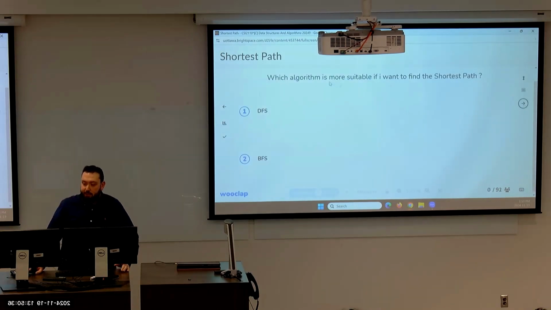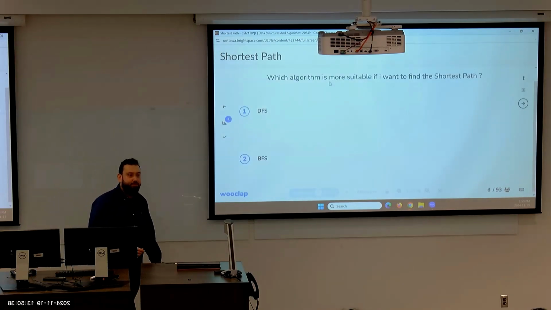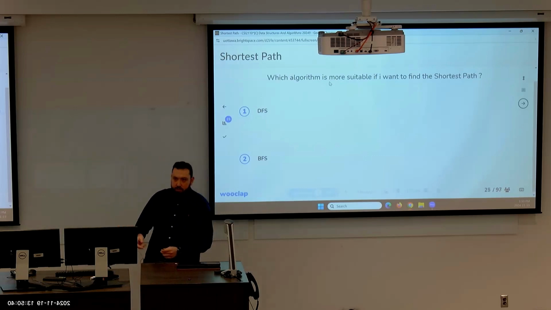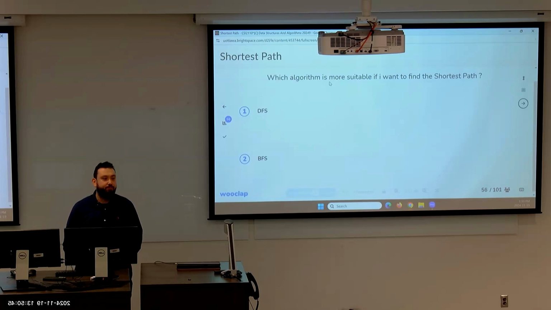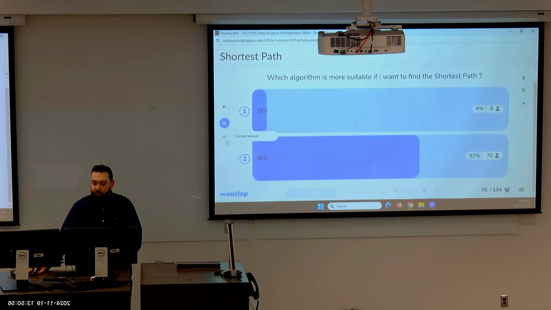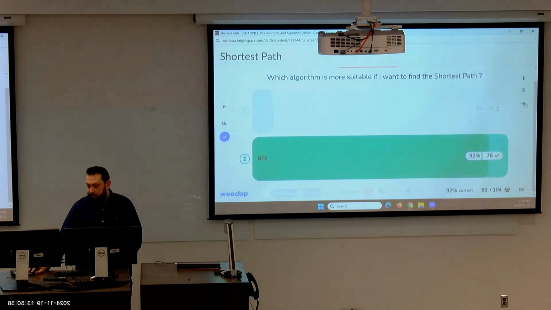Which algorithm is more suitable if I want to find the shortest path between these two, of course? DFS or BFS? DFS is depth first search. BFS, of course, BFS.